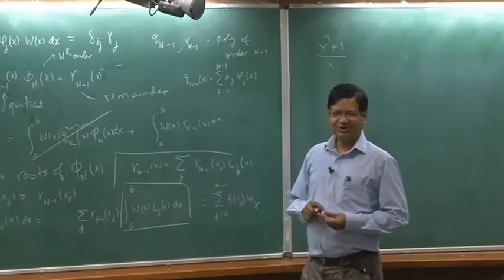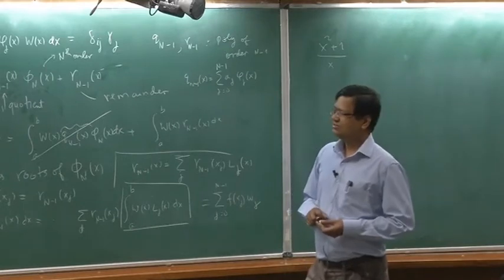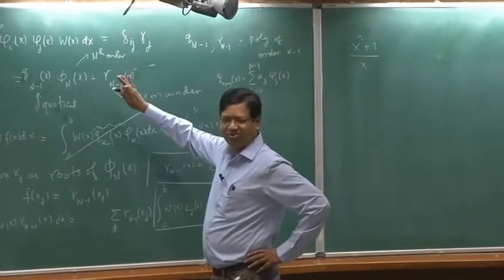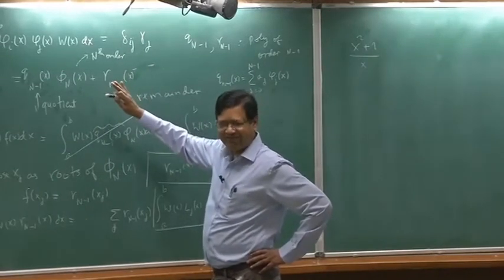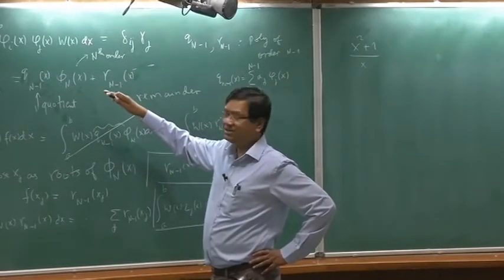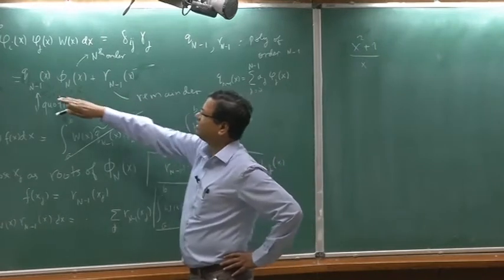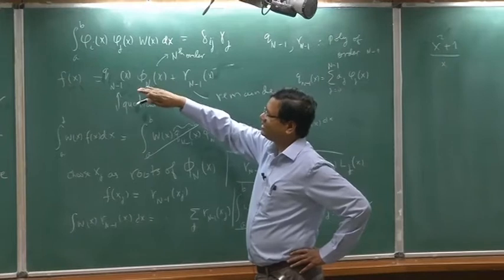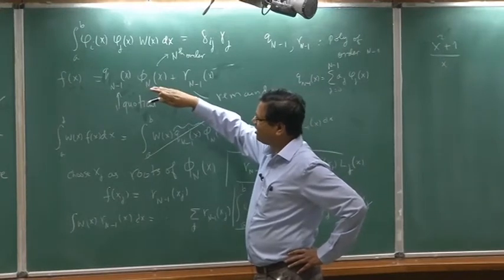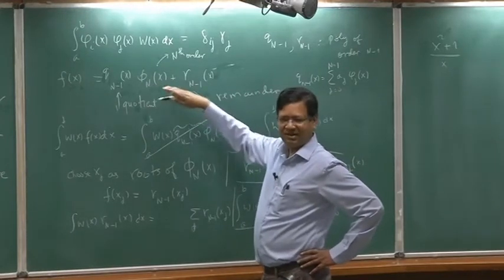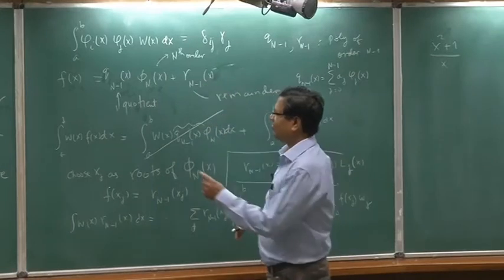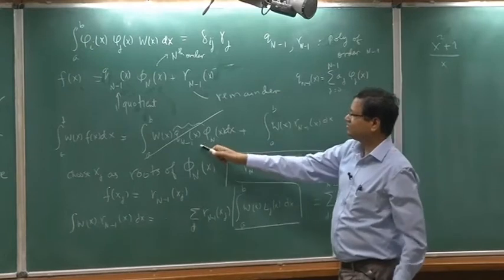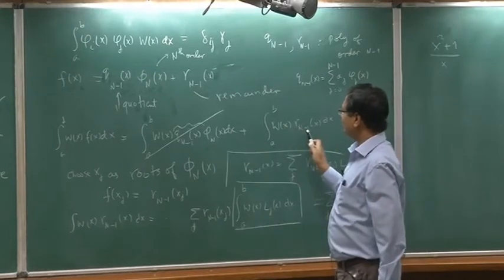So shall I just go through it once? So we start from here. Let us go through it once. These are the very key steps which are taken. So I expand my function; well, actually I write my function after division with phi_n(x) as this. Now I integrate this, then this becomes 0, so I get an integral with R_{n-1}(x).